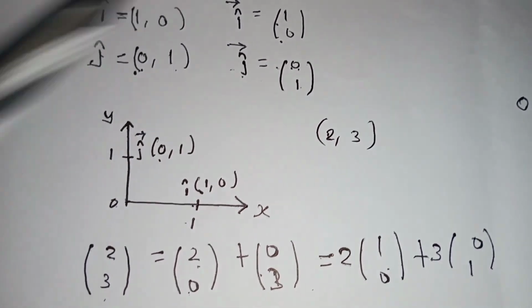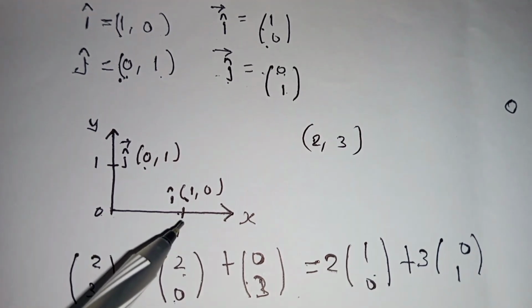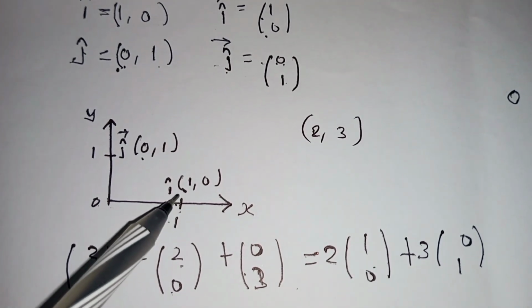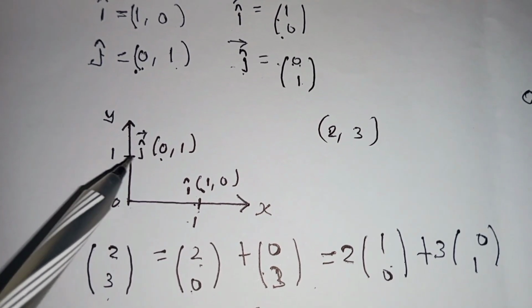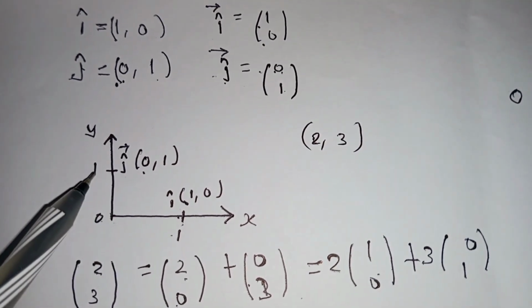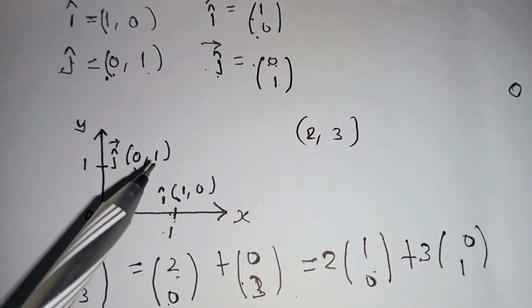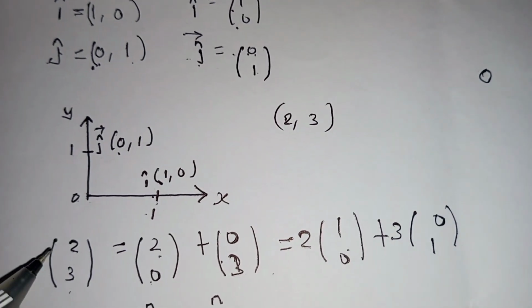For unit vector i, it means you move 1 step along the x-axis and 0 steps along the y-axis. For unit vector j, it means you move 1 step along the y-axis and 0 steps along the x-axis.